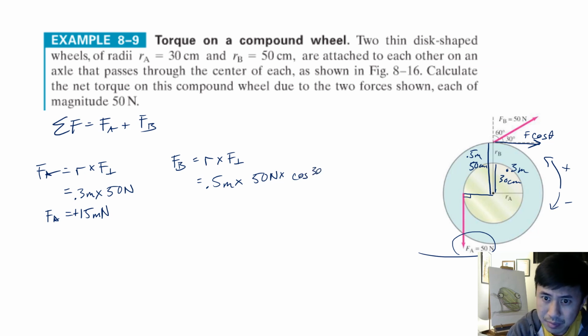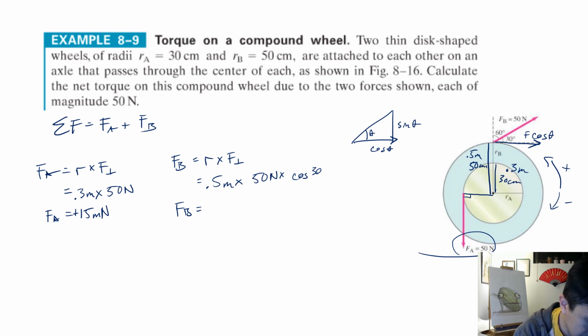Okay, again, for those of us who aren't so familiar with it, if this is our theta, this is going to be sine theta, this is going to be cosine theta, right? And that's what we want. We want the one that's going kind of left and right there. So F of B is equal to, let's see, 0.5 times 50 times cosine 30, and I get 21.7 meter newtons.